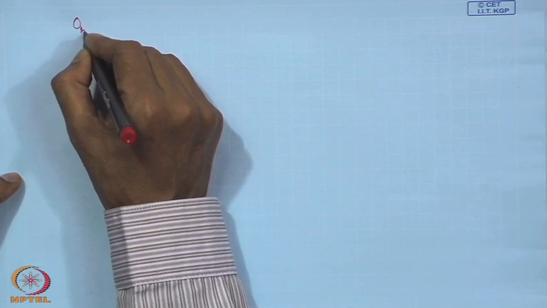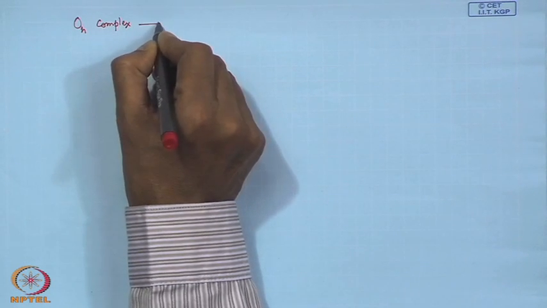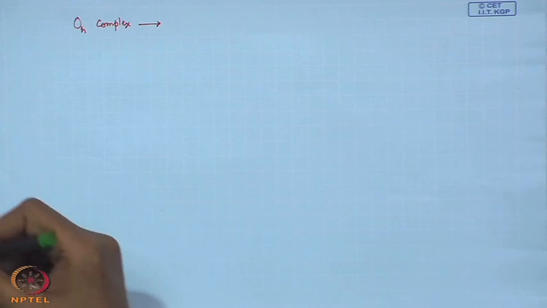So, there are different terms basically. Say we have the corresponding octahedral complex and the corresponding electronic states.